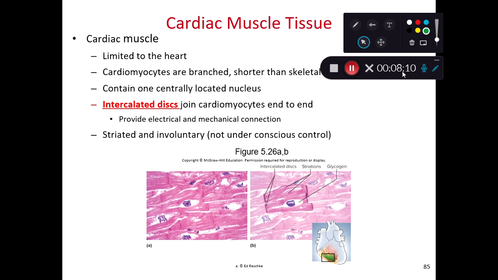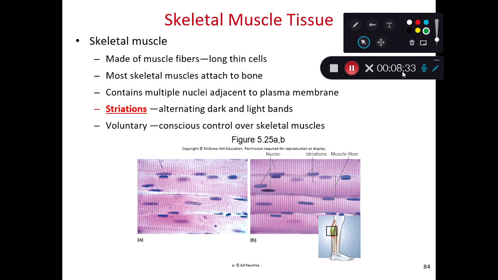So our cardiac muscle tissue will have some striations, like skeletal muscle does, so we can have lots of contractile force, but our cardiac muscle tissue will also have more endurance, like smooth muscle does. So what we end up with in cardiac muscle tissue is an intermediate amount of contractile force and an intermediate amount of endurance. When we look at skeletal muscle, we have incredibly high contractile force and incredibly low endurance.